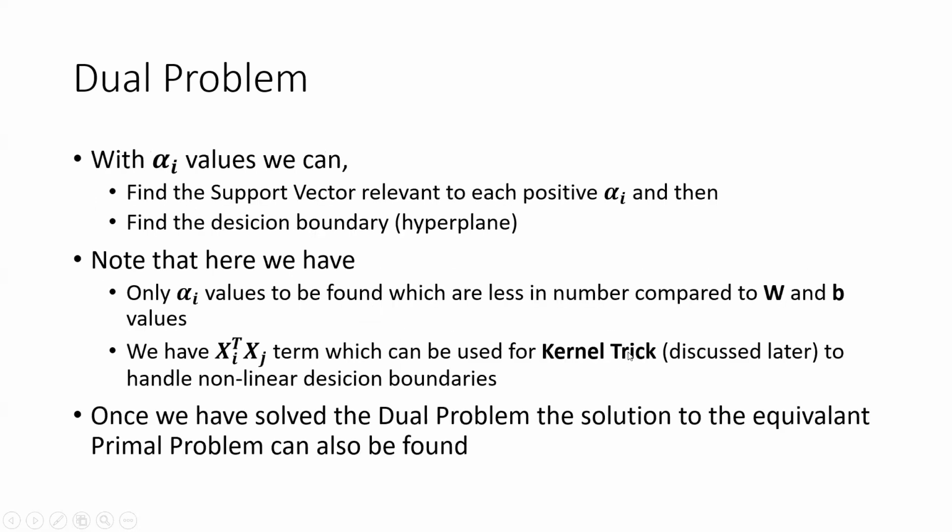This term can be used for a technique known as the kernel trick, so that you can use it to automatically convert these dimensions into many dimensions, even an infinite number of dimensions, without much computation.